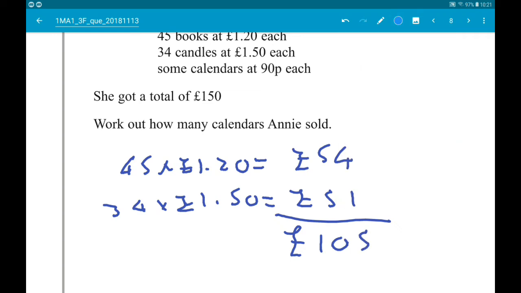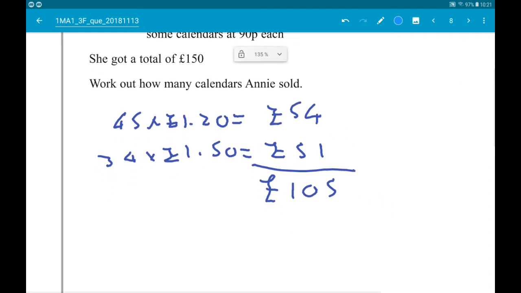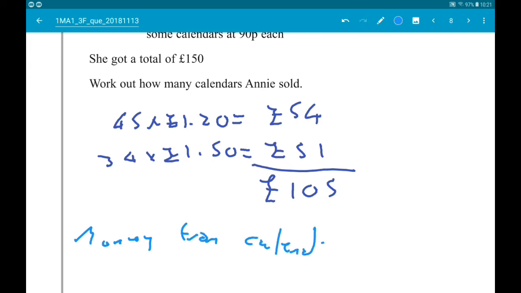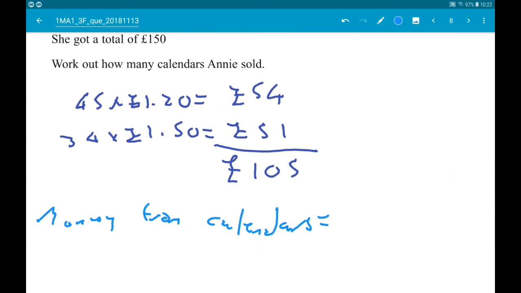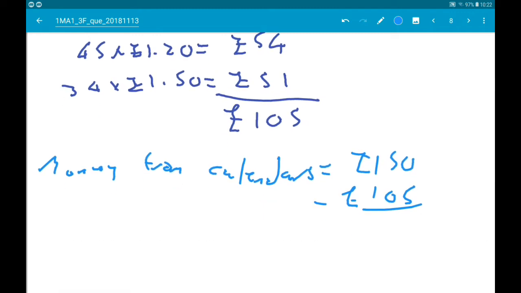Okay, so the money made from calendars is the total she made, so 150 minus 105, which is £45.